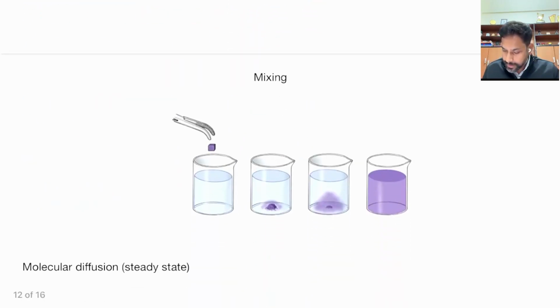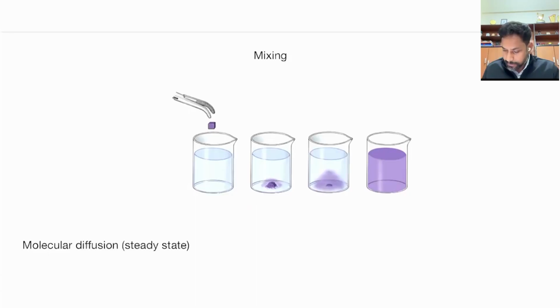So to understand mixing, let's take this example. We have a glass of water and we put a sugar cube into the water. And what happens is, as you can see in this particular case, let's call it case 1, case 2, and case 3. In case 1, it starts diffusing, mixing with water slowly, right?